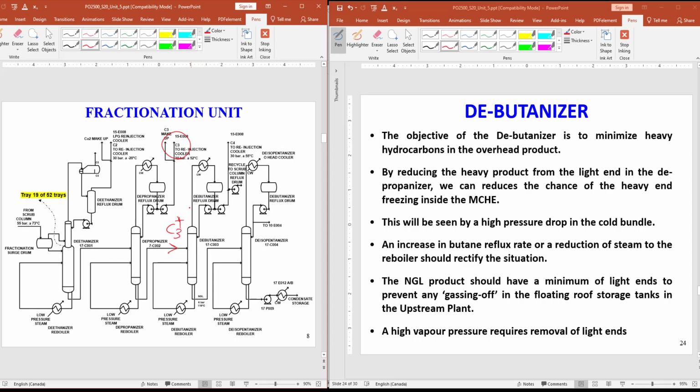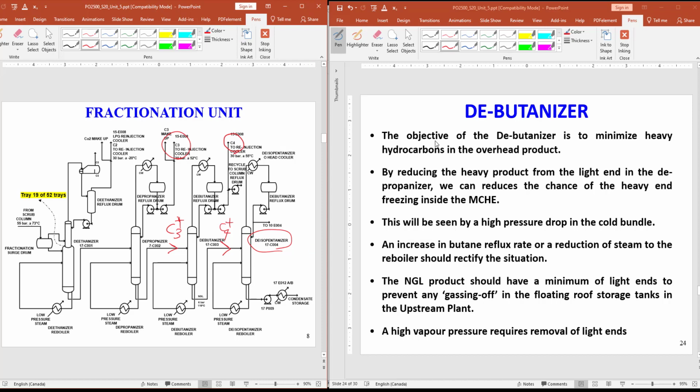In the debutanizer, I will collect mainly butane at the top and heavier molecules than butane, like isopentane, at the bottom, and I will send it to the next column, which is the last column.